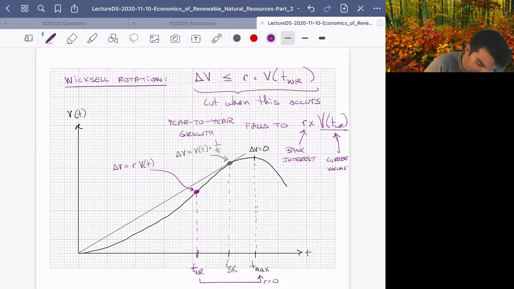Alternatively, if I let my interest rate go up high, so if I increase my interest rate, then I can cause TWR to effectively go to 0. So this is for R goes to infinity. So this is for very large R.